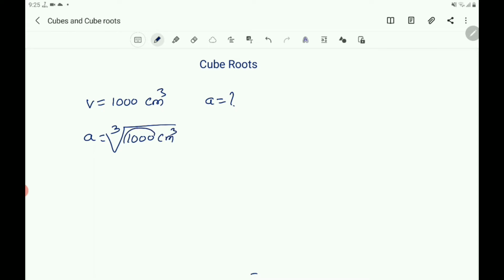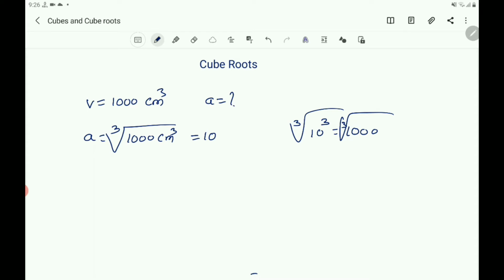And you know that 1000 is the cube of 10. Then you can write 10 here, because 10 cube equals 1000, and the cube root of 10 cube, that is 1000, is 10.